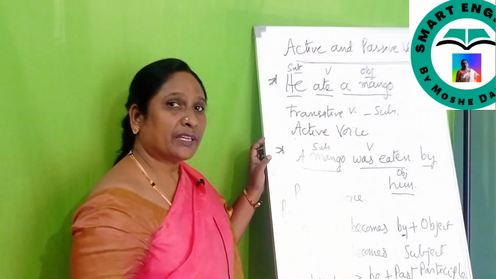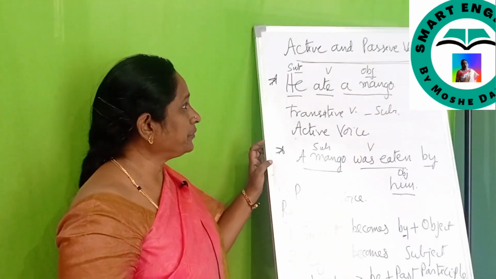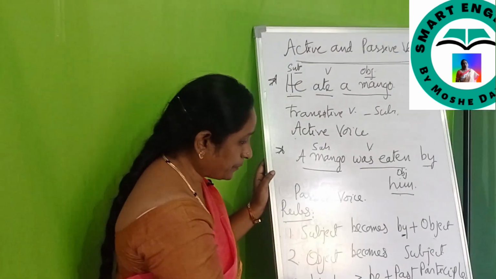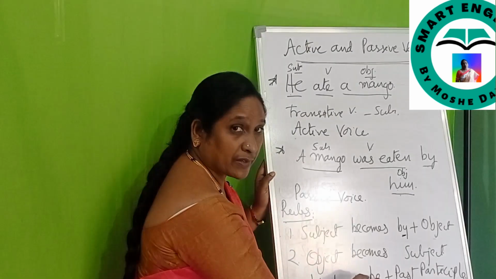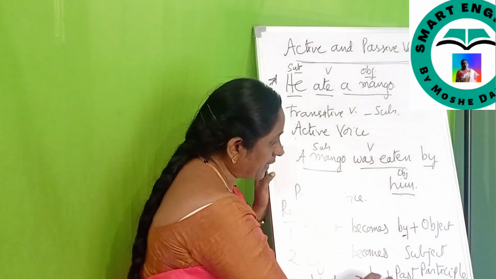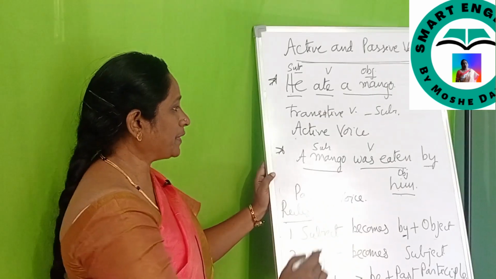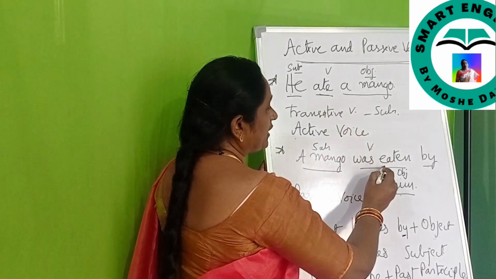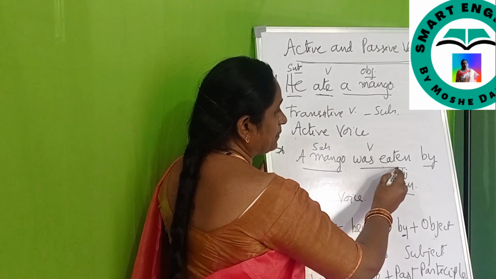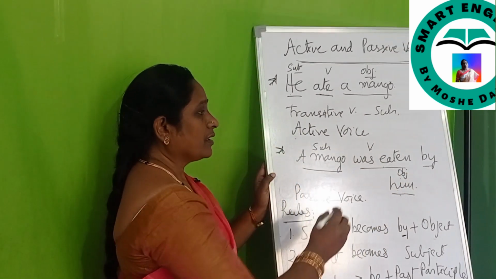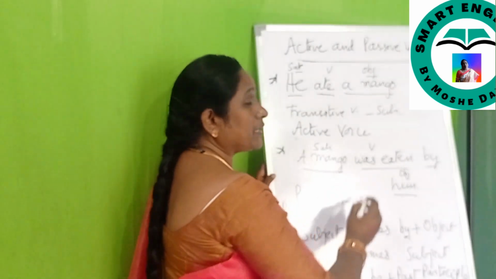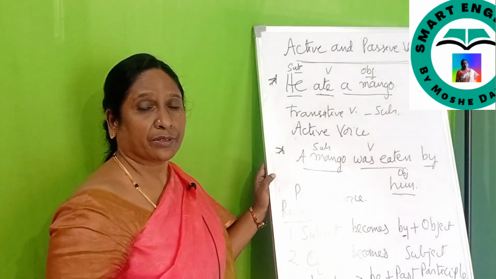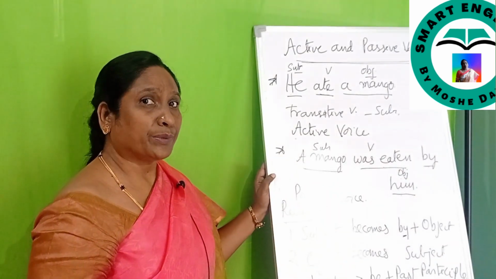Then what is left now? Verb. So the verb will be changed into be plus past participle. See here, this is the verb and it becomes be plus past participle. Be means be forms. We already know that, no?